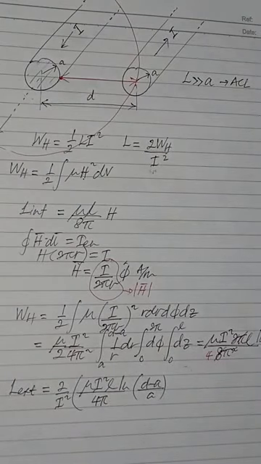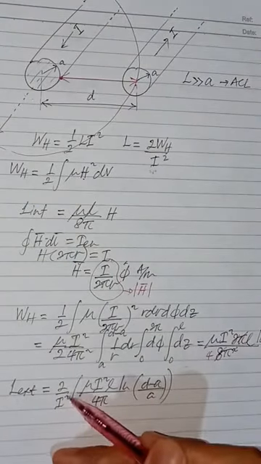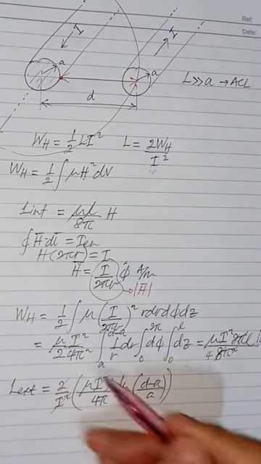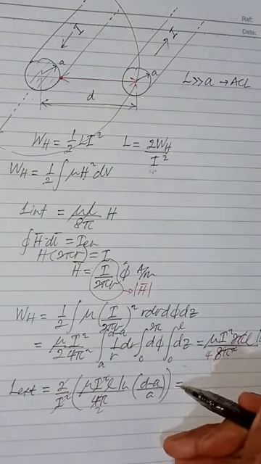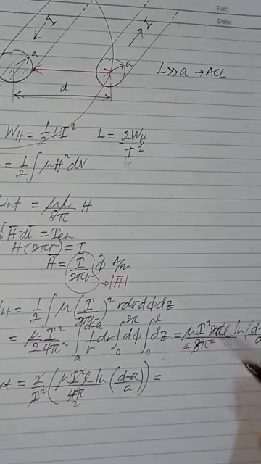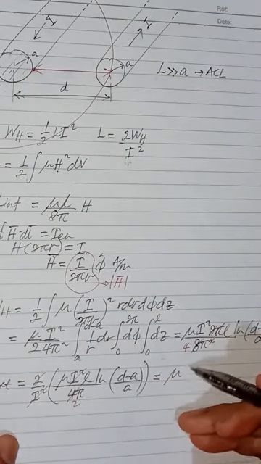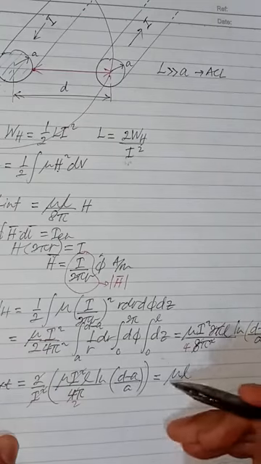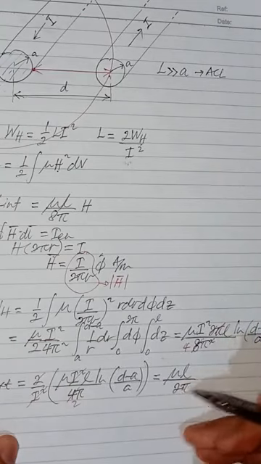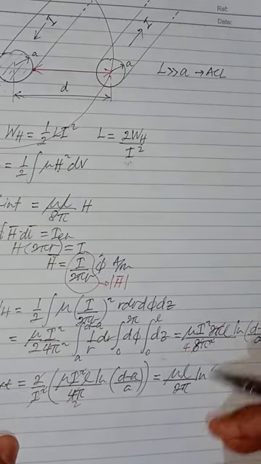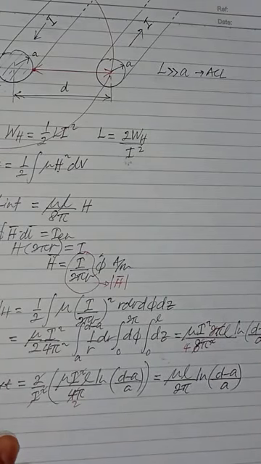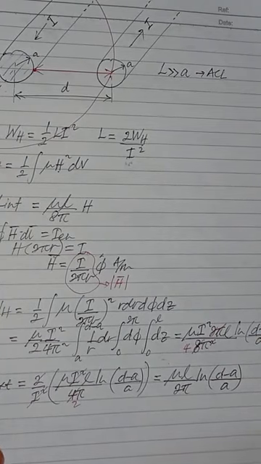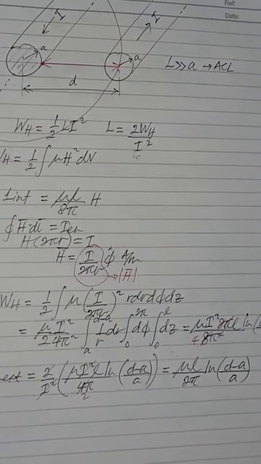If we simplify again, you will see that the I down here cancels with the I up there, and then the 2 up there with 4 down here, left 2. So the final expression of the external inductance would be mu L over 2 pi ln D minus A over A. Okay guys, so this is our final expression of the external inductance.